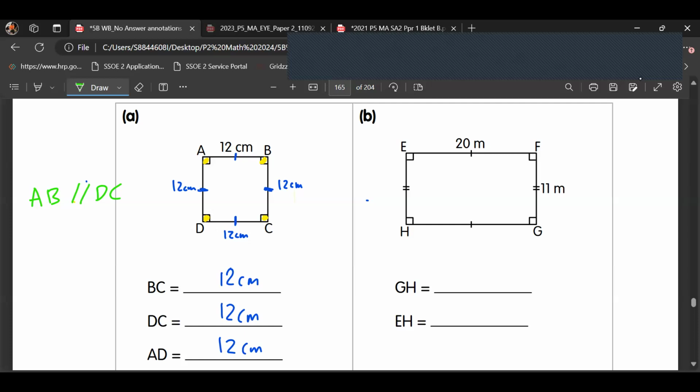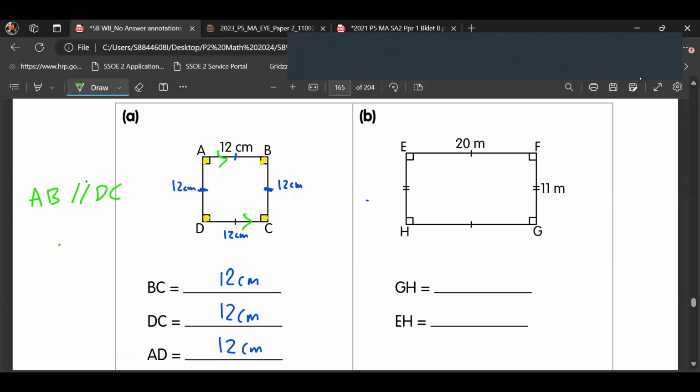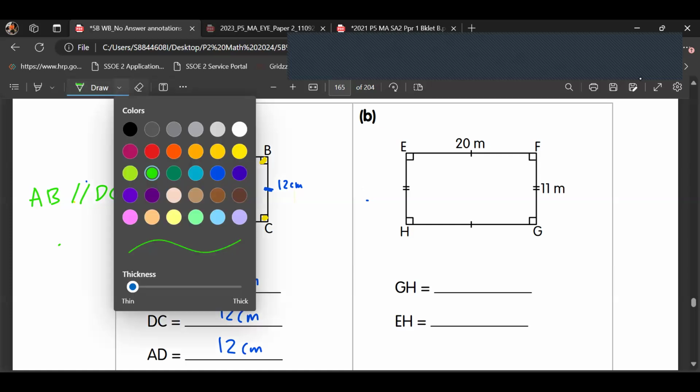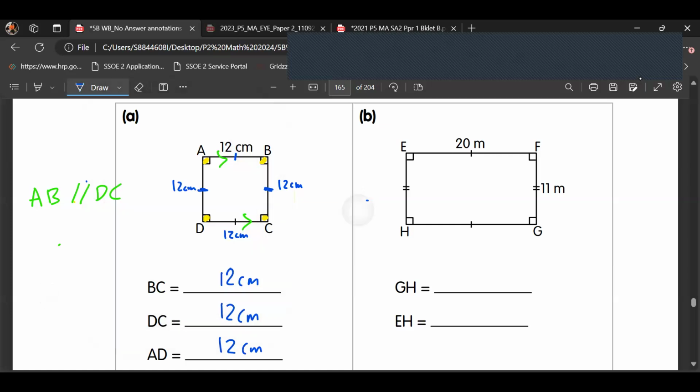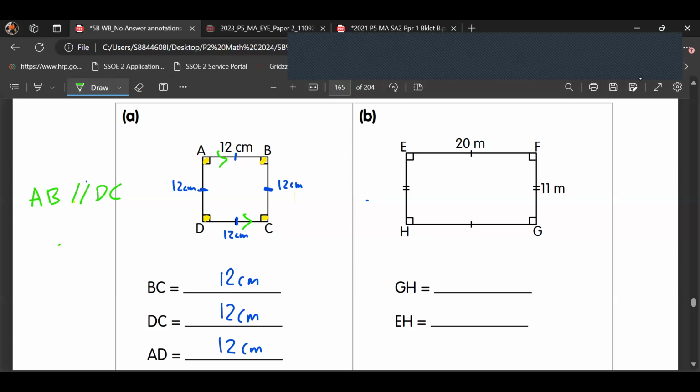With that, I can draw an arrow showing the direction of the line. Like how you mark out right angles with the yellow color, and how you mark out the dashes to show equal sides, I use the green arrow to show the parallel property. So AB is parallel to DC.